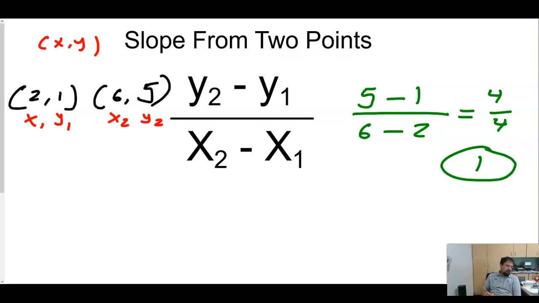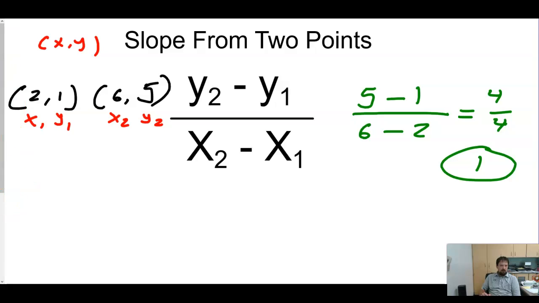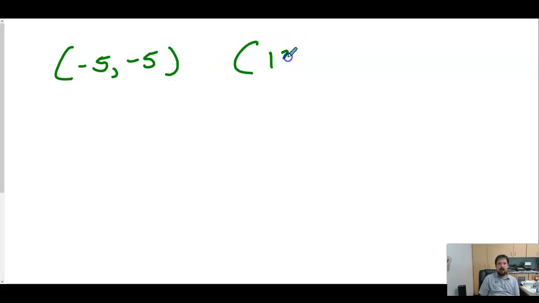Okay, so let's try that with a couple other problems. Let's say that we had negative 5, 13 and 13, negative 19. Alright, so let's go ahead and label these first.